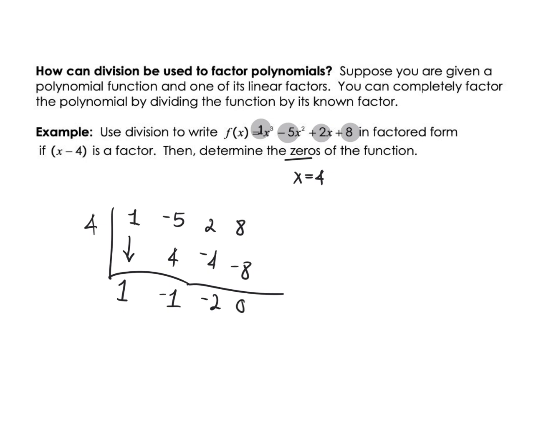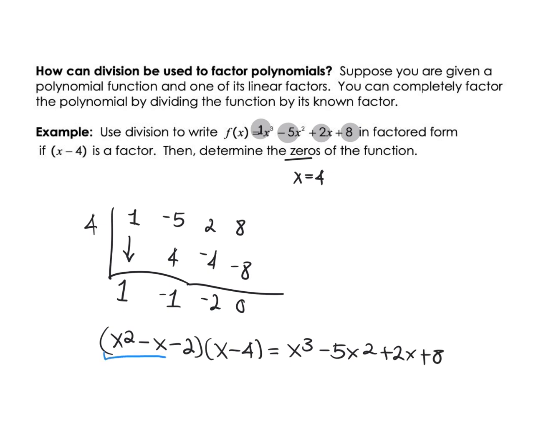So then this factors as x squared minus x minus 2. What this tells me is this times x minus 4 equals our original cubic polynomial. So then what we do is we factor this part.